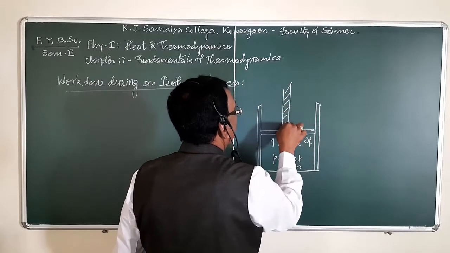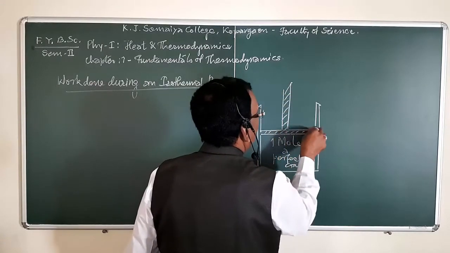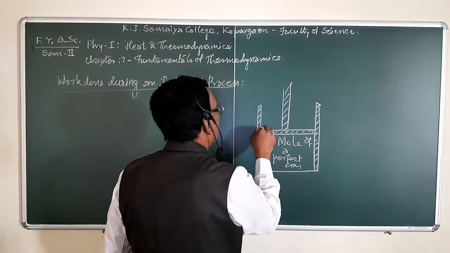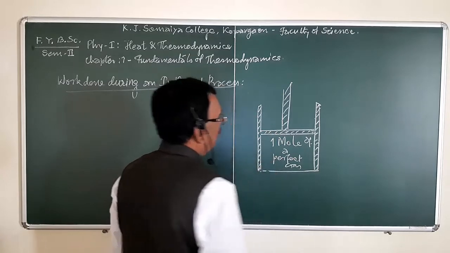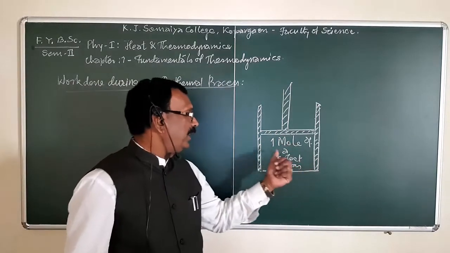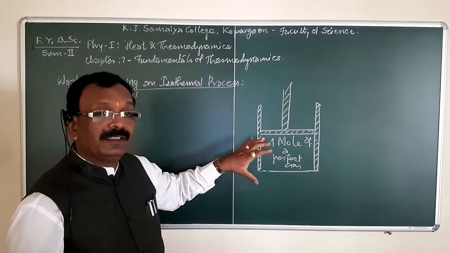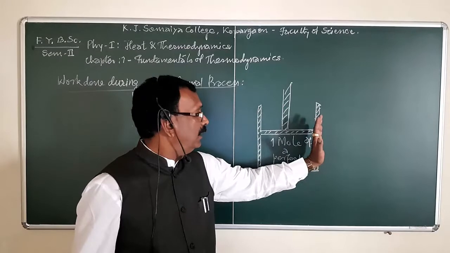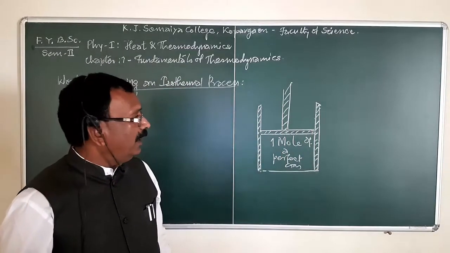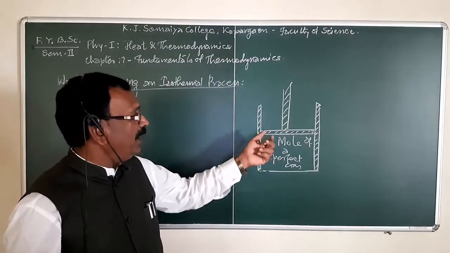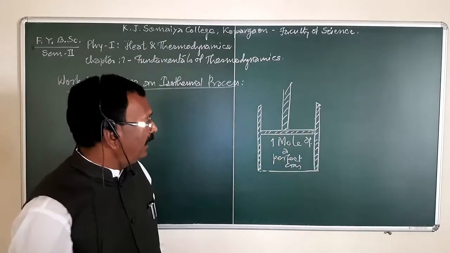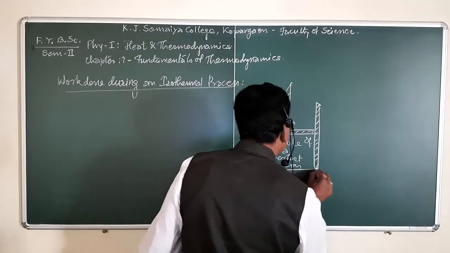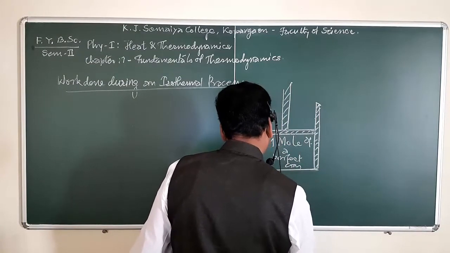The material of the piston is also perfectly insulating material. Okay, I am again going to repeat. Here we are going to consider a system, and system is nothing but 1 mole of a perfect gas enclosed in a cylinder having perfectly non-conducting material wall, or having perfectly insulating wall, as well as the material of the piston is perfectly insulating, but the base of the cylinder or bottom of the cylinder is perfectly conducting material.